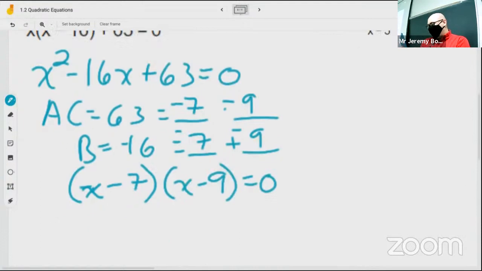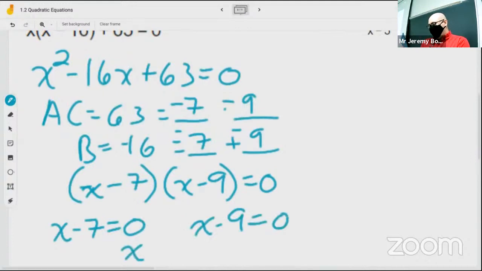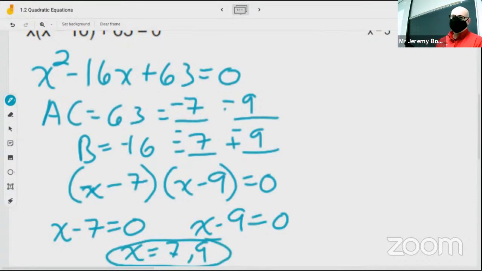And so if we set that up, utilizing the zero product property, we'll get x equals 7 or 9. You could have done the quadratic formula if you want on that one too. That'll get you there. Any questions on that one?